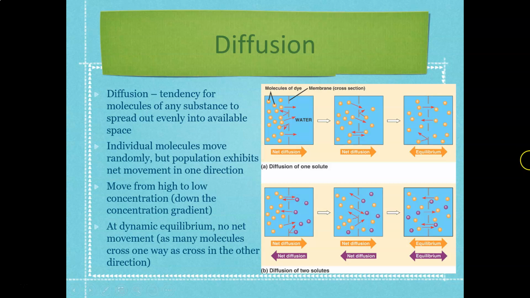We call concentration gradients. So where they are highly concentrated to where they are lower in concentration. So there's an overall net movement, and that word net is really important. There's an overall net movement of particles from an area of high concentration to low concentration.